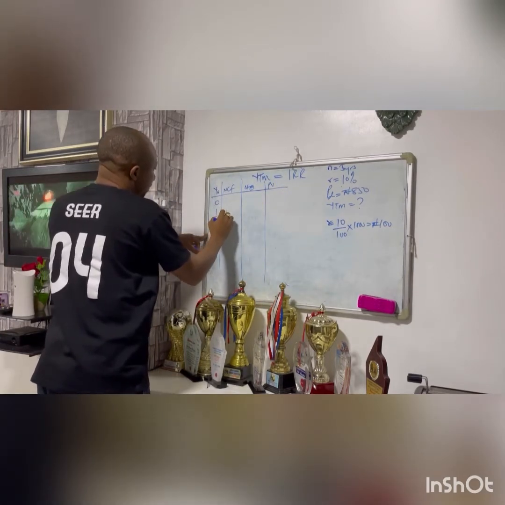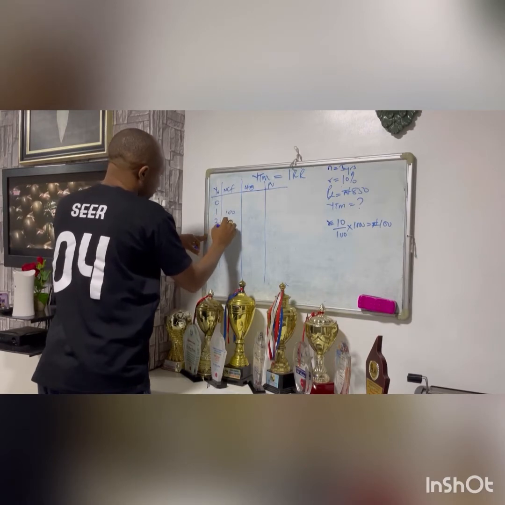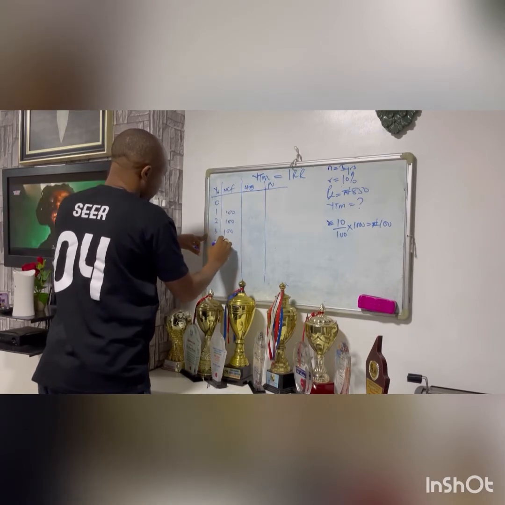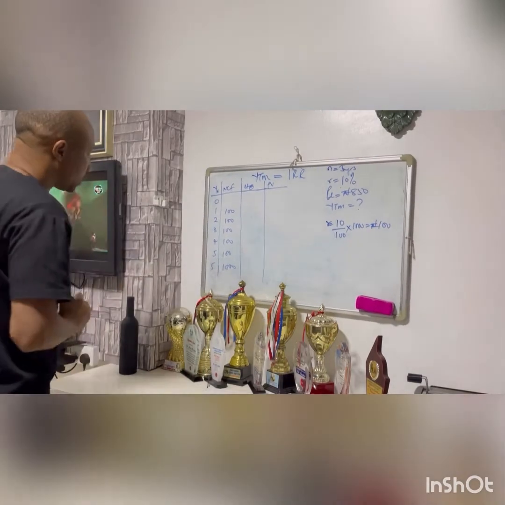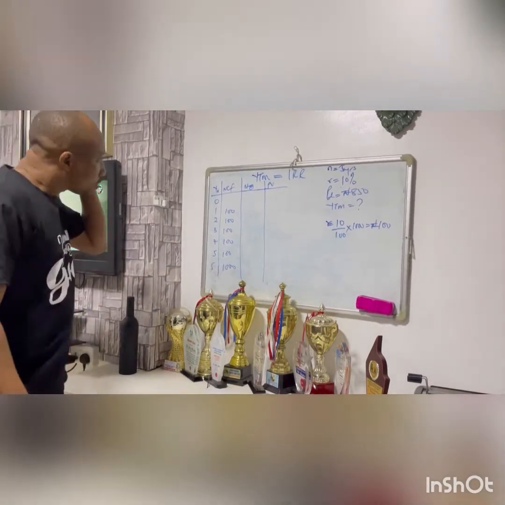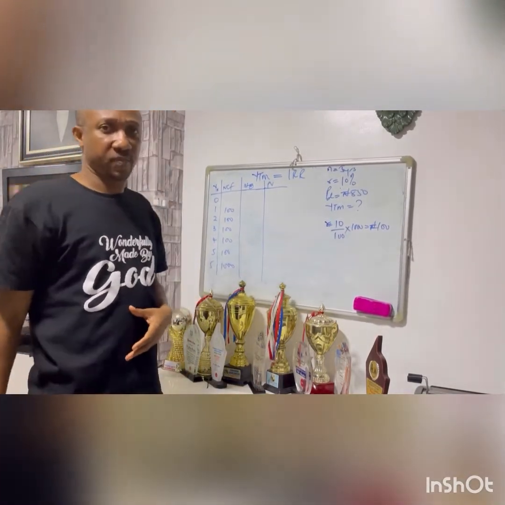So every year the borrower will pay 100 naira as interest. Then at the end of the 5th year, he will also pay the 1,000.